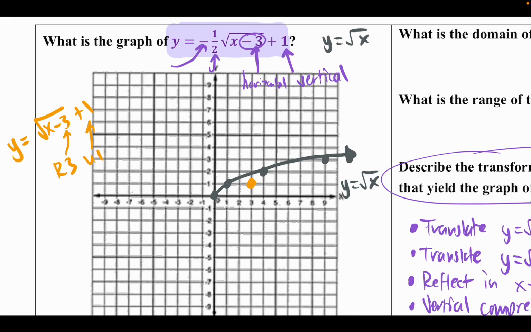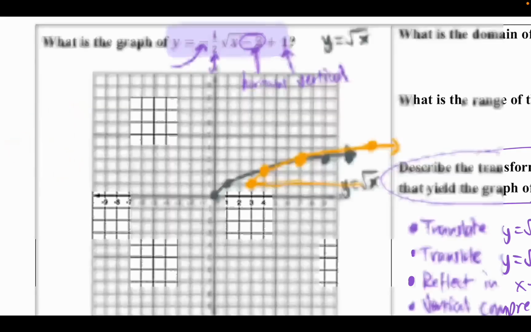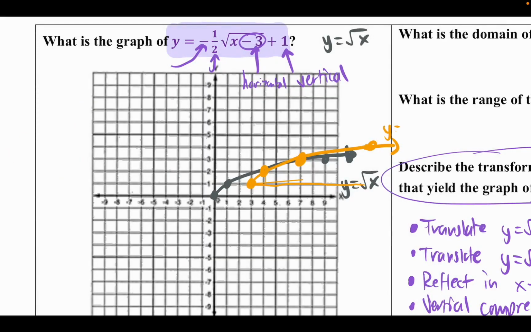And so from there, I'm just going to go over 1, up 1, and then back from the endpoint over 4, up 2, since the square root of 4 is 2, and then over 9, and up 3 would be somewhere over there. So that right there would be the graph of y equals the square root of x minus 3 plus 1, right?